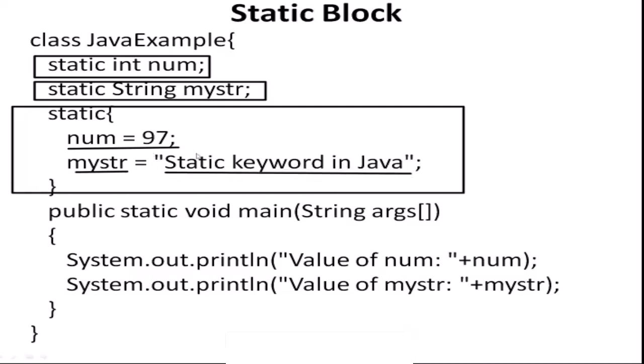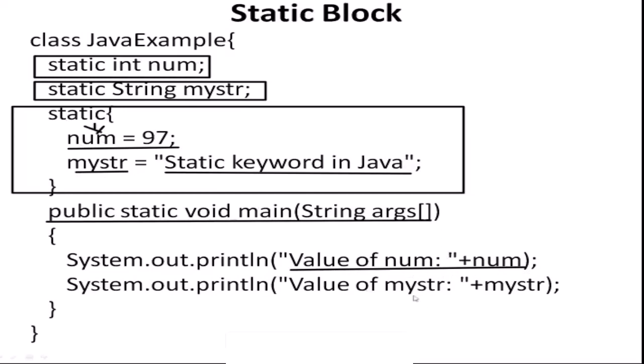This is what is declared within the block. Now within the main method, we have a public static void main method. What we are going to print is the value of number. So here we are going to use number.